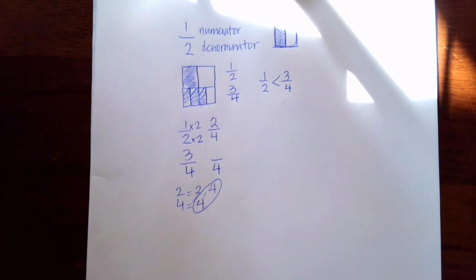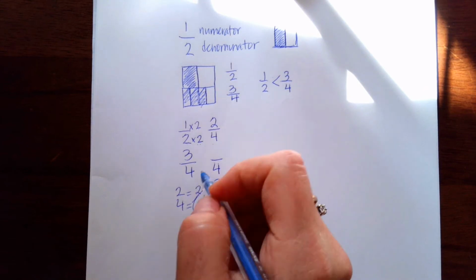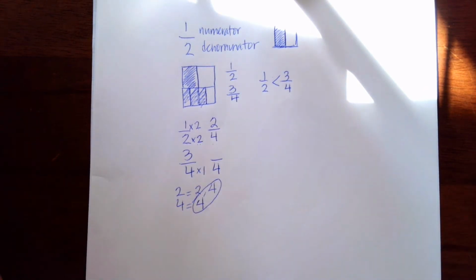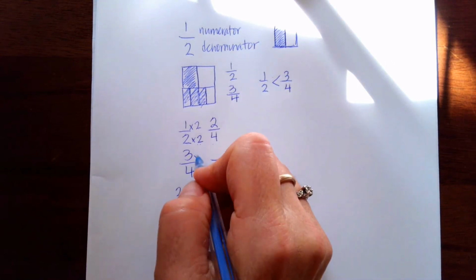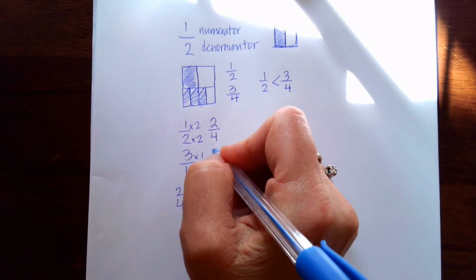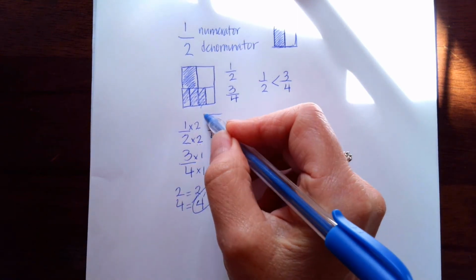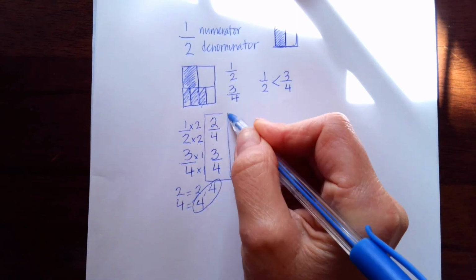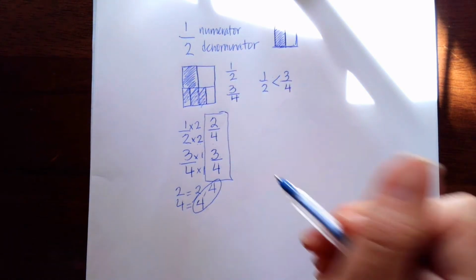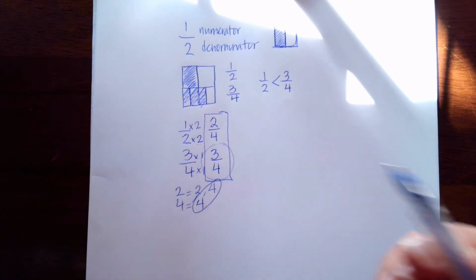Then my next one is, my 4 is already a 4, so what would I multiply it by? I would just multiply it by 1, and then anything I do to the denominator, I do to the numerator. 3 times 1 is 3. And now I can compare these two very easily. Which one's bigger, 2/4 or 3/4? And then you can see that 3/4 is bigger.